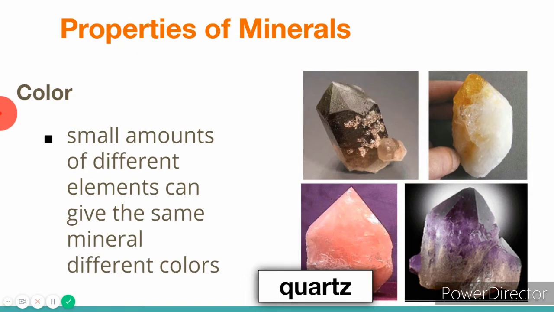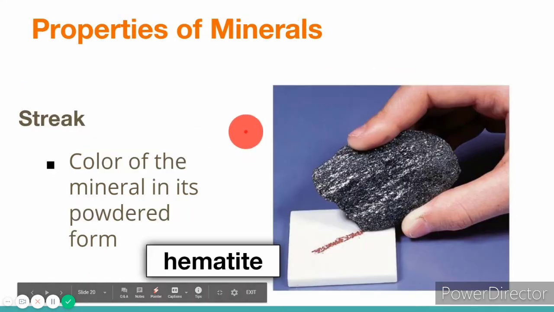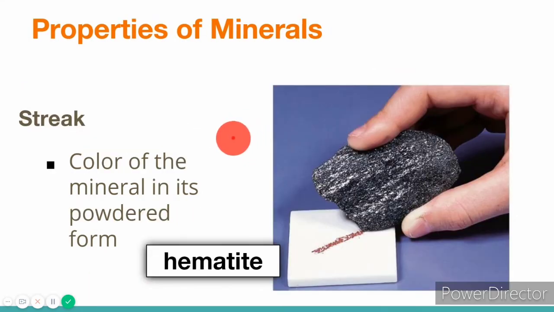Another property that we have is color. When we speak about color, it's what color you can actually see the mineral to have. However, it's not always reliable because, as you can see, quartz will have different colors associated with it. The more accurate property when it comes to color is streak.